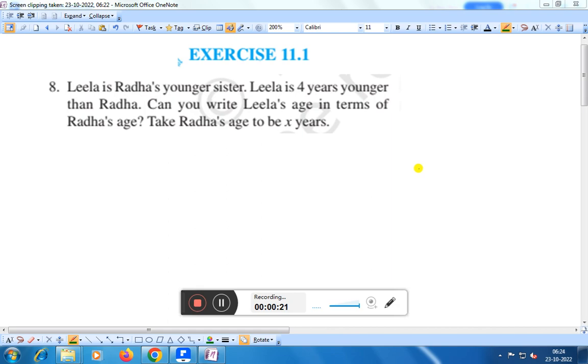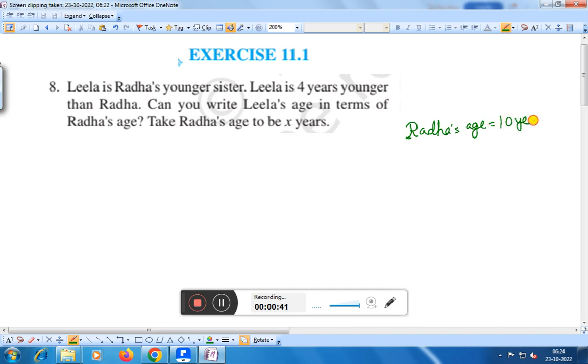Let us take one example. Suppose Radha's age is 10 years. Leela is 4 years younger than Radha.